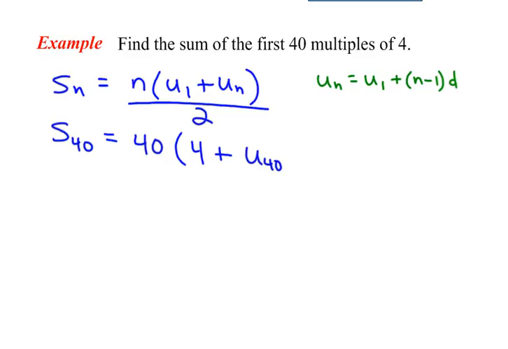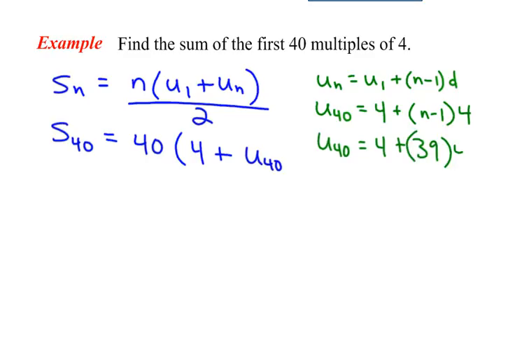Specific to our sequence, multiples of 4, we need to find u sub 40, the 40th multiple of 4. We know the first term is 4, and we are adding on a common difference of 4. I'm going to plug in 40 for n, so u sub 40 equals 4 plus 40 minus 1, which is 39, times 4.